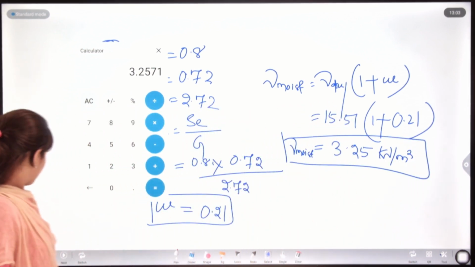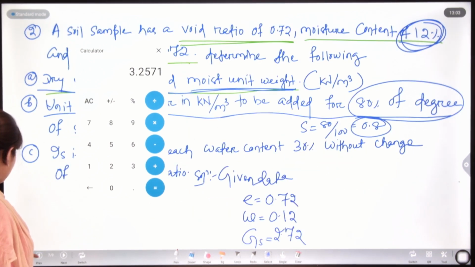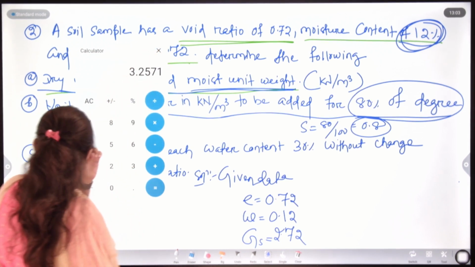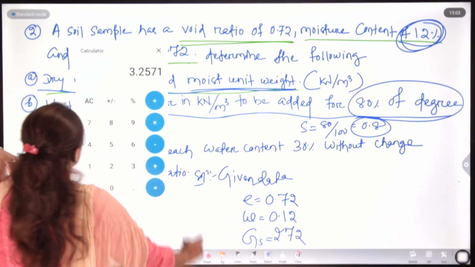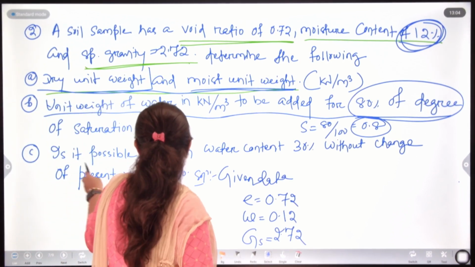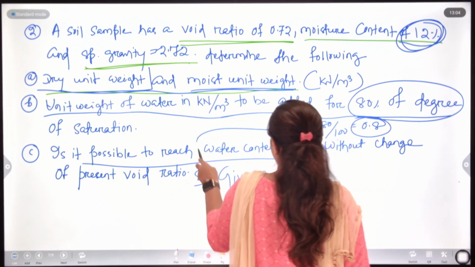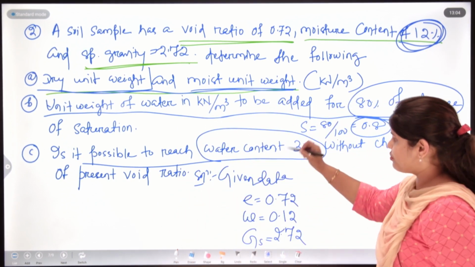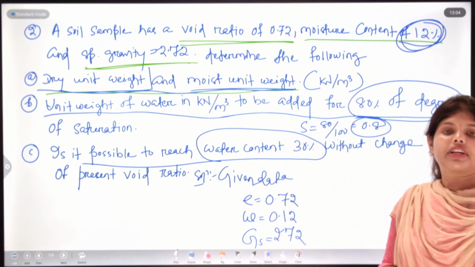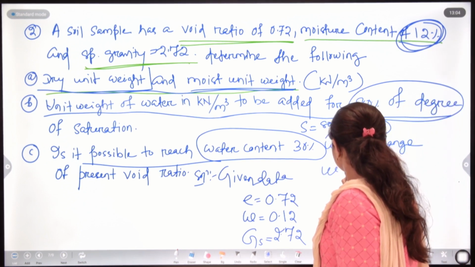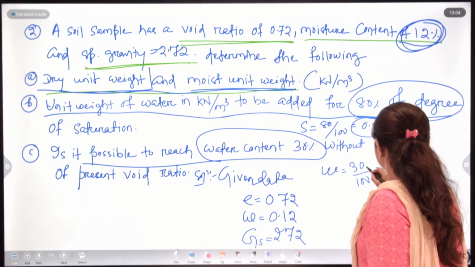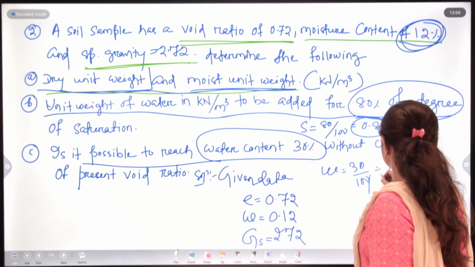In the next question we need to understand what I have asked in question C: is it possible to reach a water content of 30% without change of present void ratio? Water content means w will be 30%, that is 0.3.